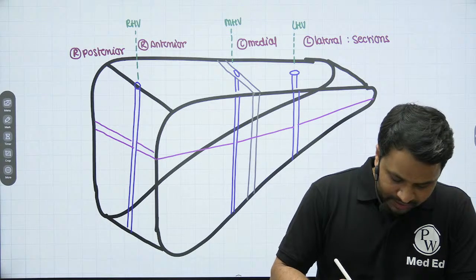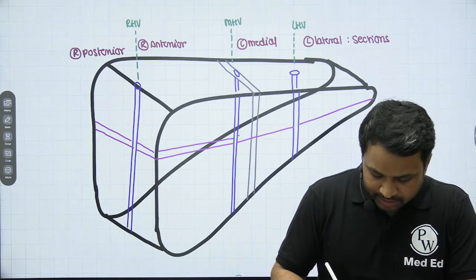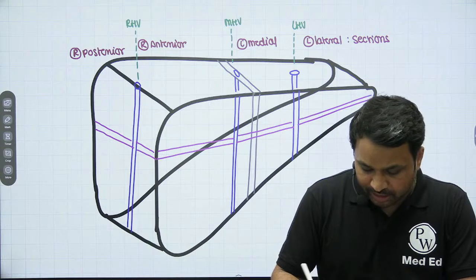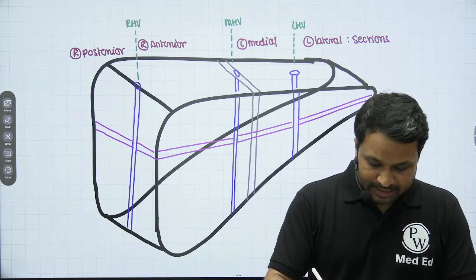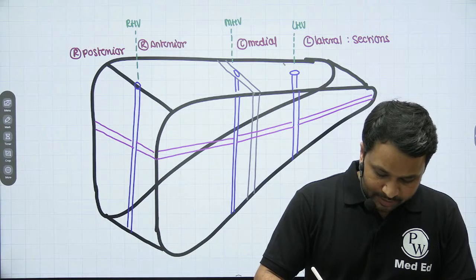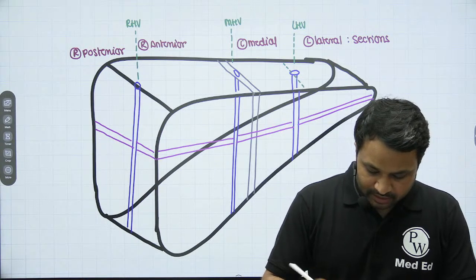The portal vein divides into right anterior, right posterior, and then continues into left lateral and left medial. Now with this, it has divided the liver into different segments, okay?